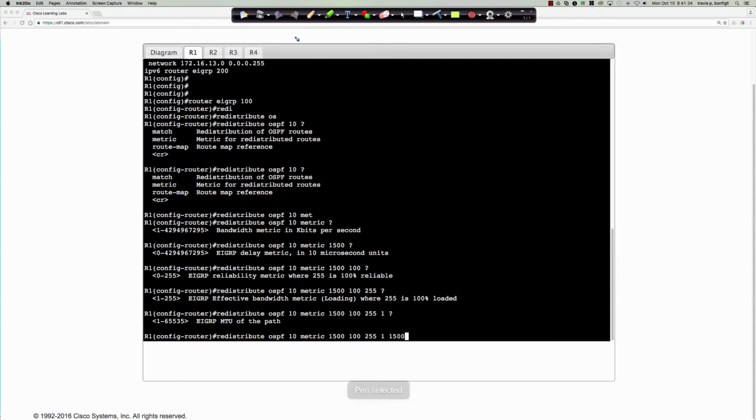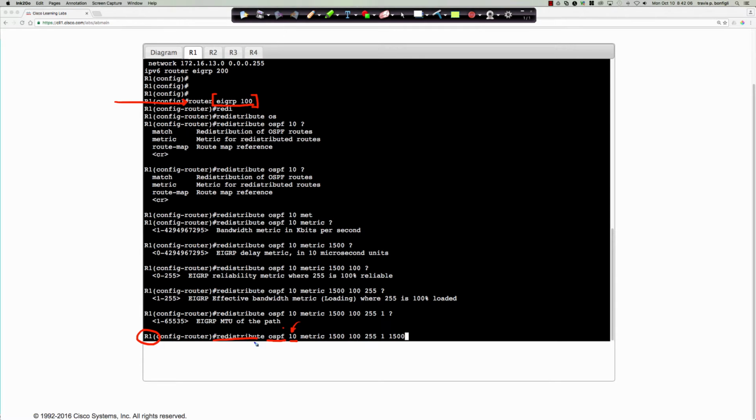So again, what does our statement basically say here? It says that we are going to redistribute from OSPF process ID 10. So all the routing information that is currently on this router, and again, we're talking about router 1. So everything that router 1 has learned as a result of OSPF process ID 10 running on router 1, we are going to send into EIGRP Autonomous System 100.